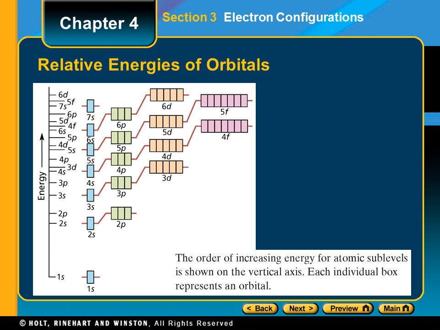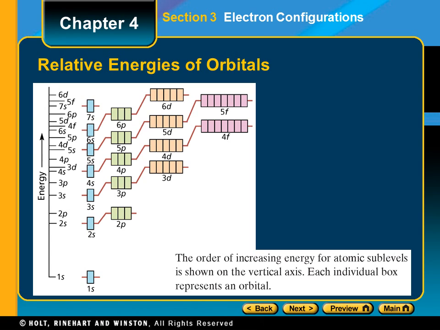Notice, though, that at this point, 4s comes before 3d. What that means is 3d actually has more energy. That is the third energy level, the d sublevel, the d orbitals. 3d has more energy than 4s. So notice that slip there.